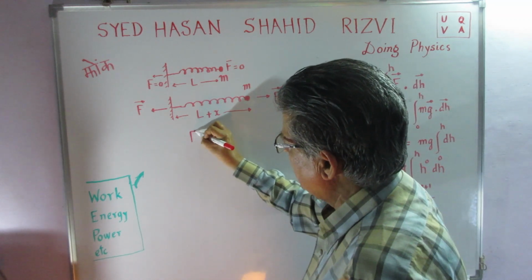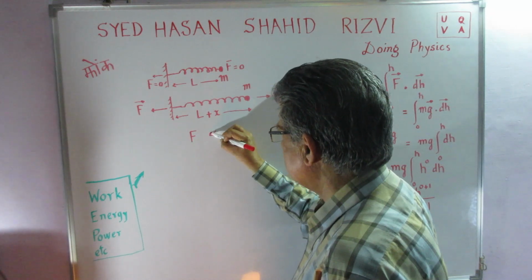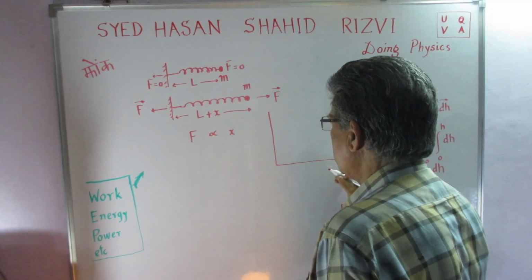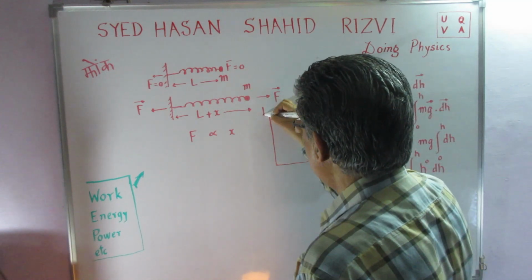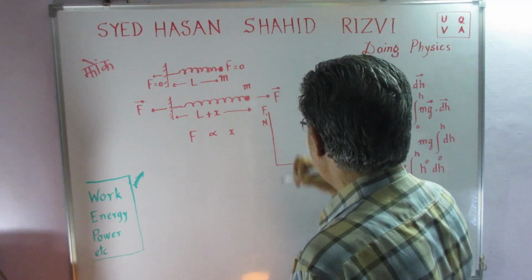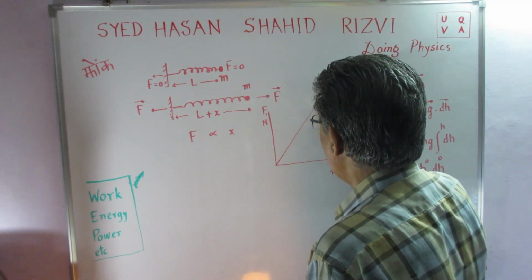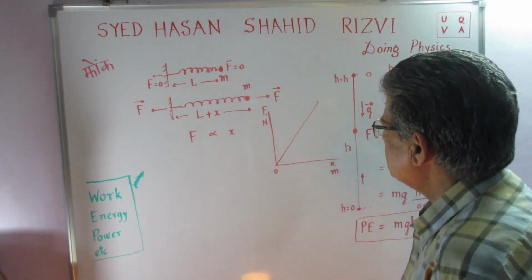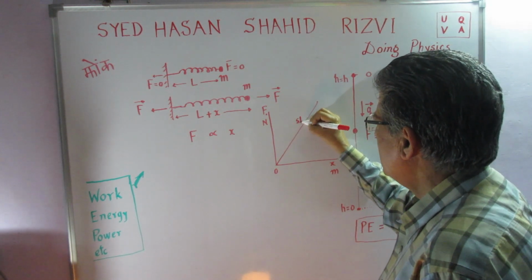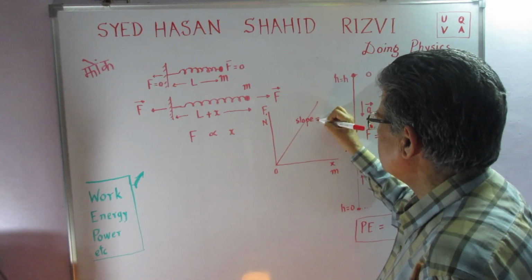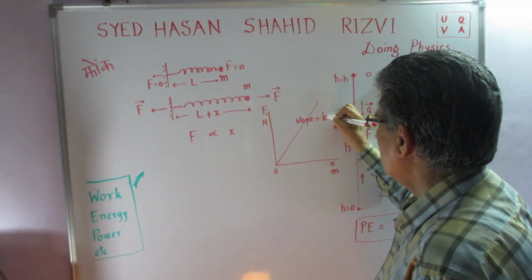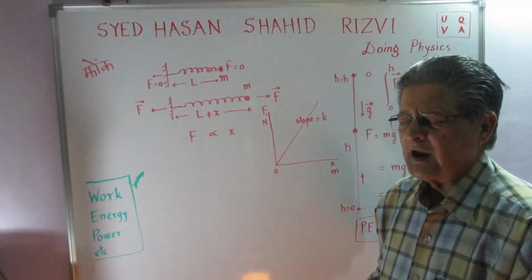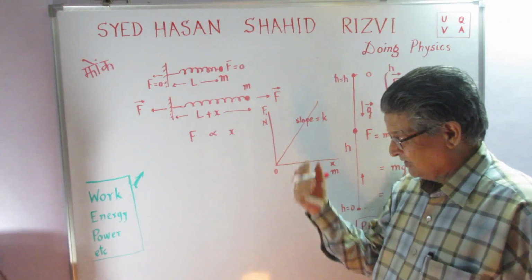The relationship that we find is that the force is proportional to X. If I take X here and force over here, force in newtons and X in meters, then I'll get a straight line passing through 0, and the slope here I'll write as K. In physics, K has got a lot of meaning, because anywhere there is a proportionality, we just come out with K. This K is different.